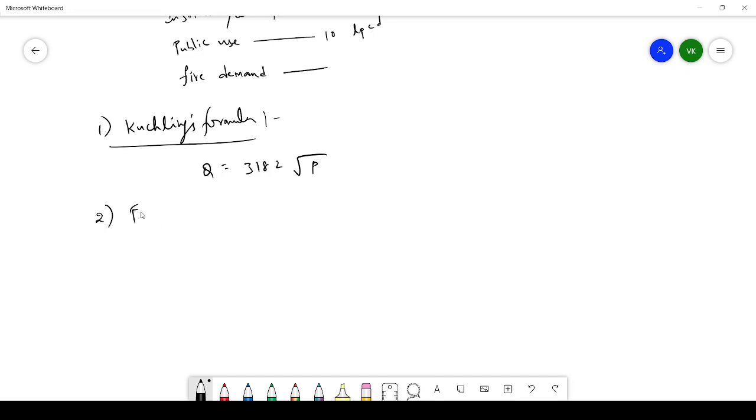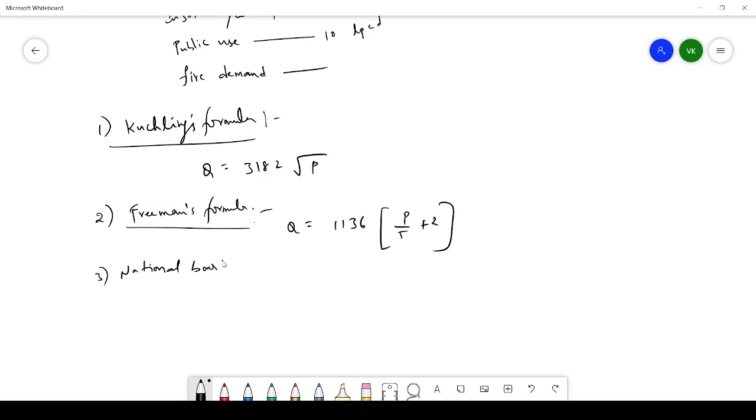Second one is Freeman's formula. In this formula, the discharge will be given by, discharge means fire, here Q means fire demand, Q is equal to 1136 into (P by 5 plus 2).